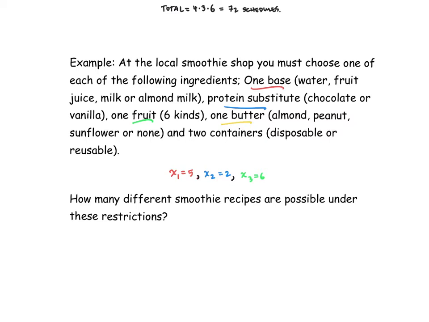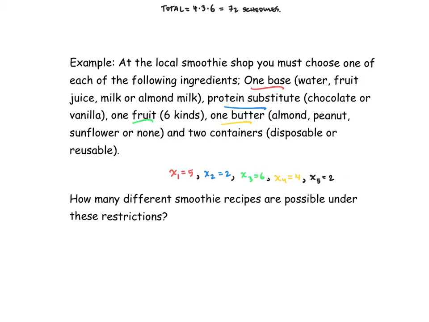One butter, either almond, peanut, sunflower, or none. So our 4th ingredient has 4 options. And then our final choice is made by what container, so either disposable or reusable. So our 5th decision has 2 options.